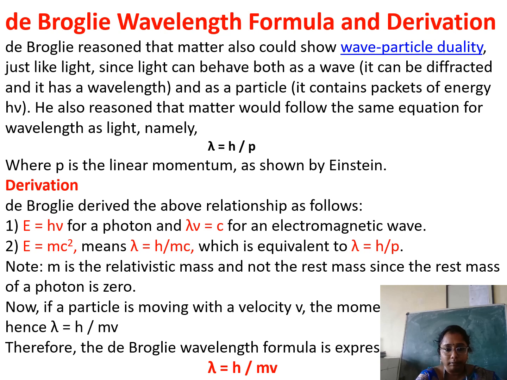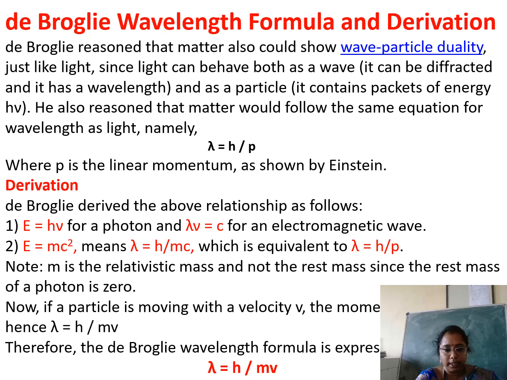So he derived the de Broglie wavelength by using Planck's quantum theory of radiation and the energy mass relation. According to Planck's quantum theory, the energy of a photon E is equal to h nu, where h is Planck's constant and nu is frequency.